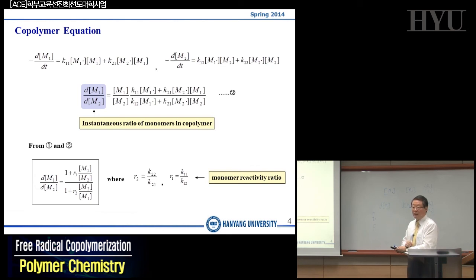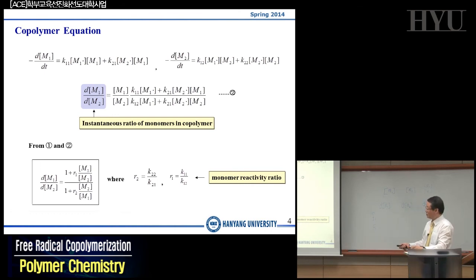That's why I told you at the beginning that if you know the monomer reactivity ratios, R1 and R2, you will be able to predict whether these monomer units could be rearranged into a block copolymer, or a random copolymer, or an ideal copolymer, and so on.